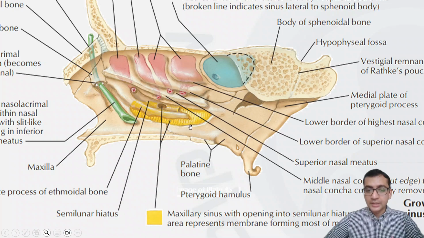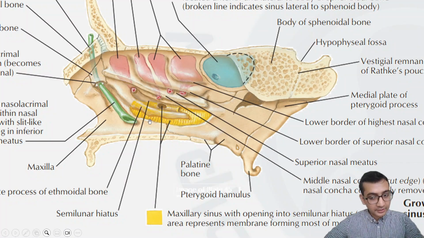There is nothing separating the nasal cavity from the maxillary sinus. This whole area, the back aspect beneath the uncinate process, the inferior concha, inferior meatus, this whole area does not have any bony difference.